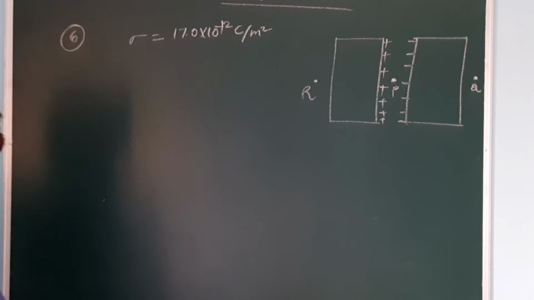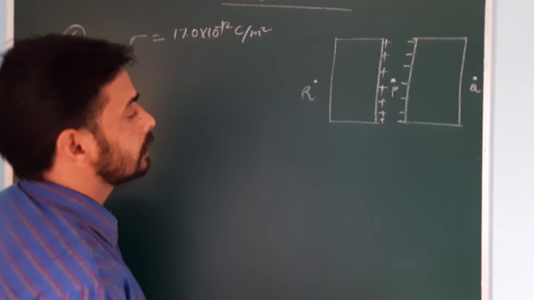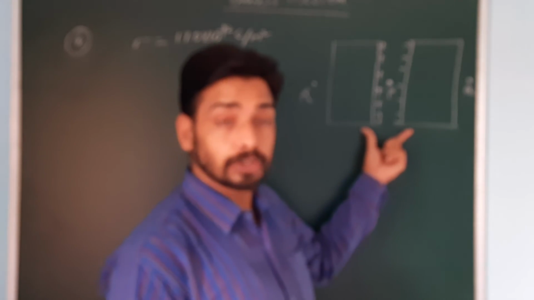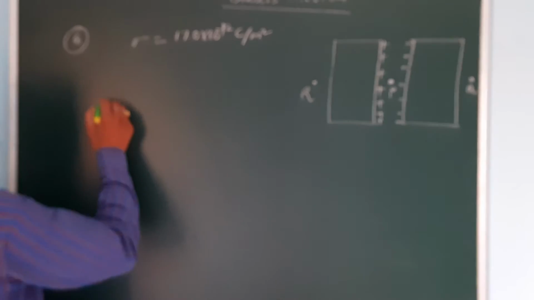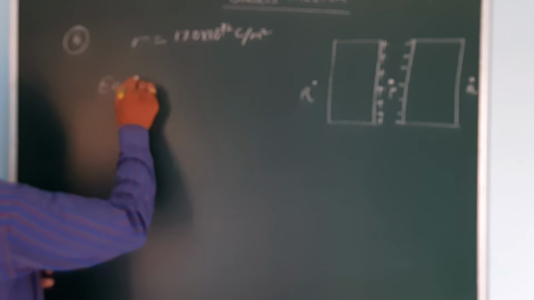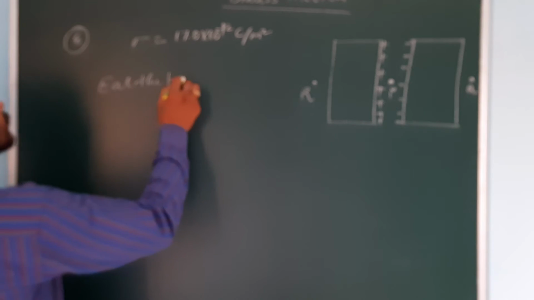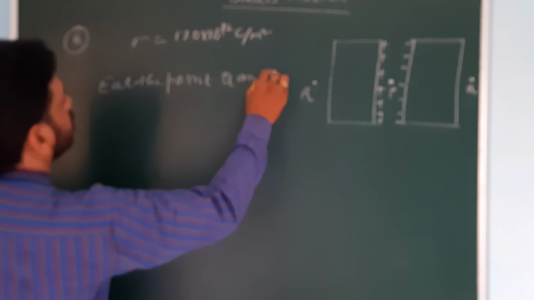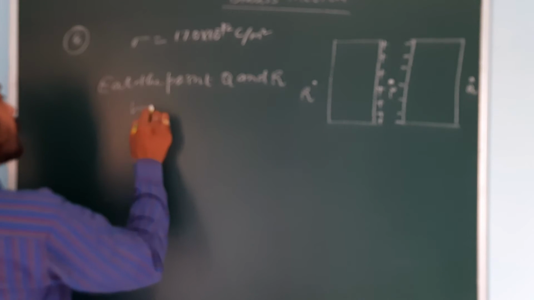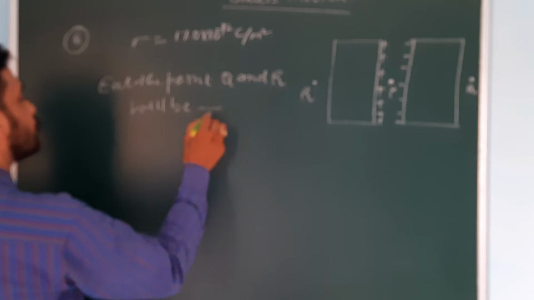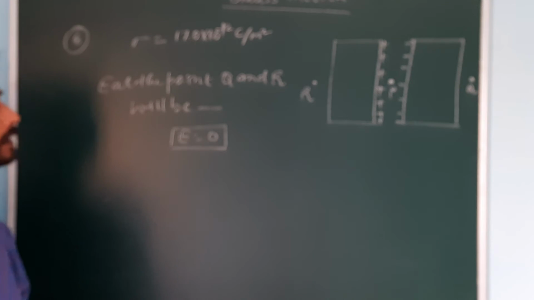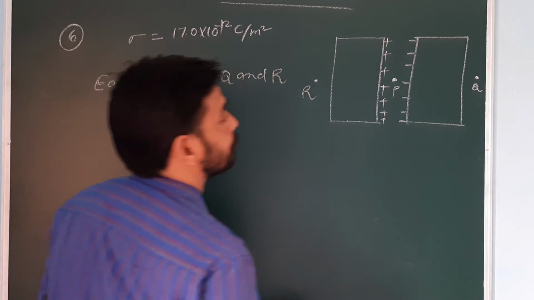Okay. So I have told you before, if the plates are equal and oppositely charged, then the electric field E at the points Q and R will be how much? That is 0, right? Why?